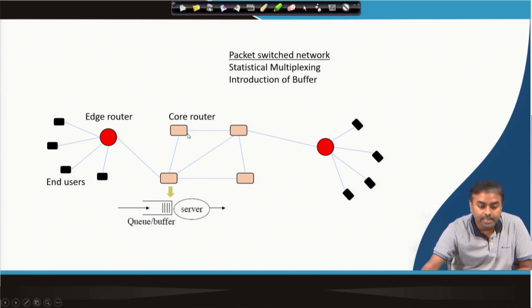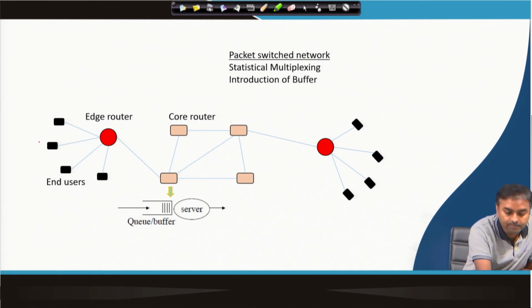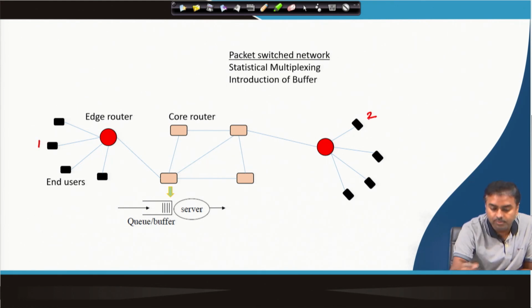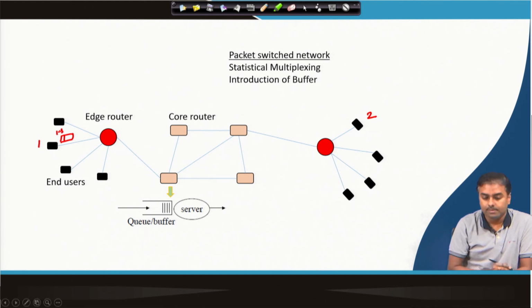Suppose I want to connect from 1 to 2. So, I generate a packet along with a header, and the header says it has to go from 1 to 2.